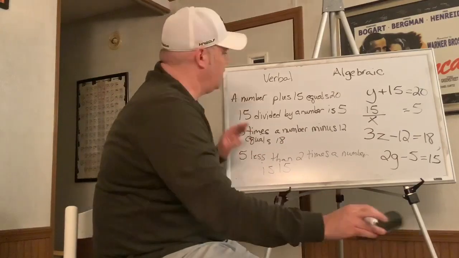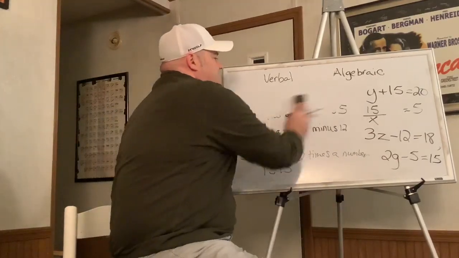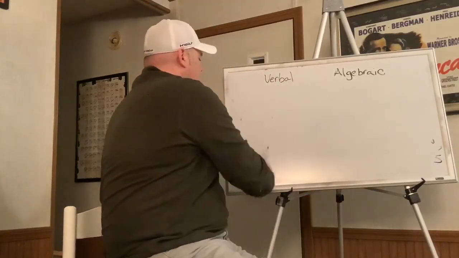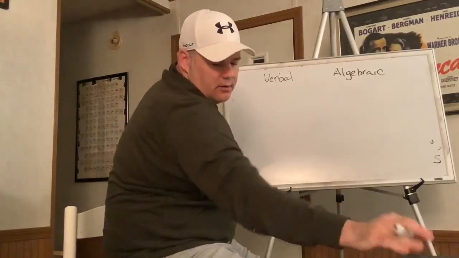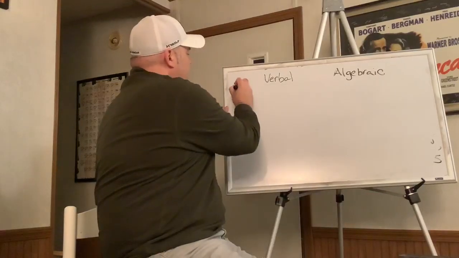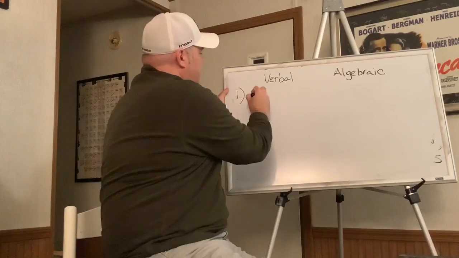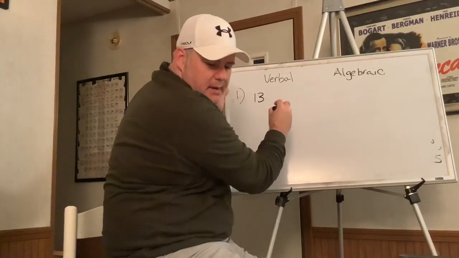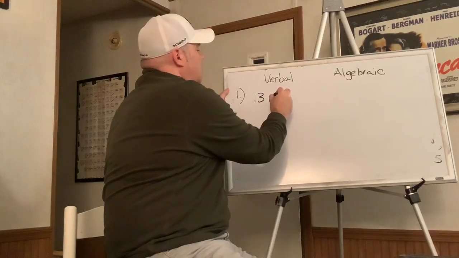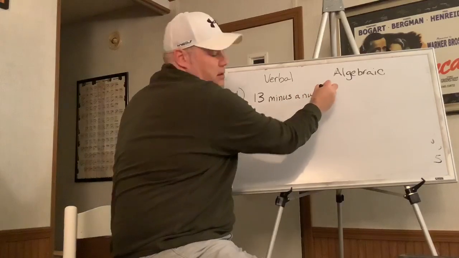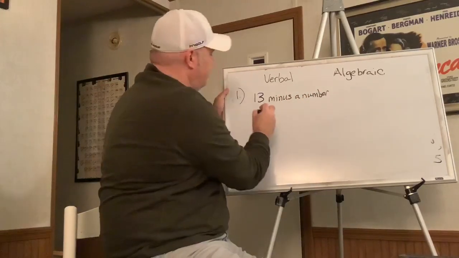I'm going to have you do a couple on your own for an assignment here. So I'll write the verbal, and you're going to write the algebraic. Okay, I put about 3 of them here. And I'm going to have you do this for your assignment to upload your photo. So 13 minus a number equals 5.